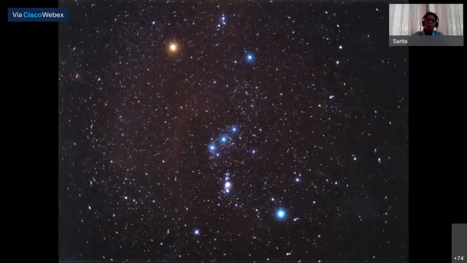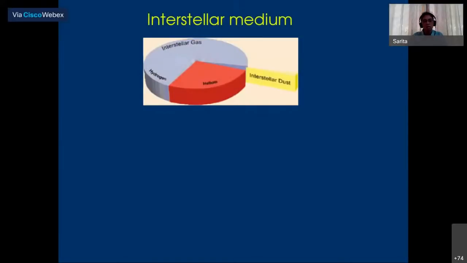There is some medium between the stars that is known as the interstellar medium. Now, the interstellar medium is made up of two components: the interstellar gas and interstellar dust. If I take a certain volume of the interstellar medium and measure by mass how much gas is there and how much dust is there, then interstellar dust is usually 1% of the mass of the interstellar gas.